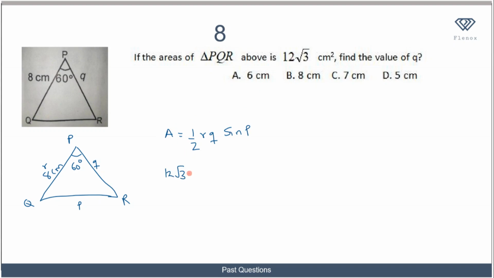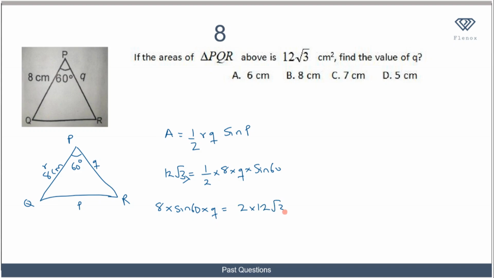So 12 root 3 equals 1 over 2 times my r, which is 8, and I'm to find the value of q, then times sine of 60 degrees.